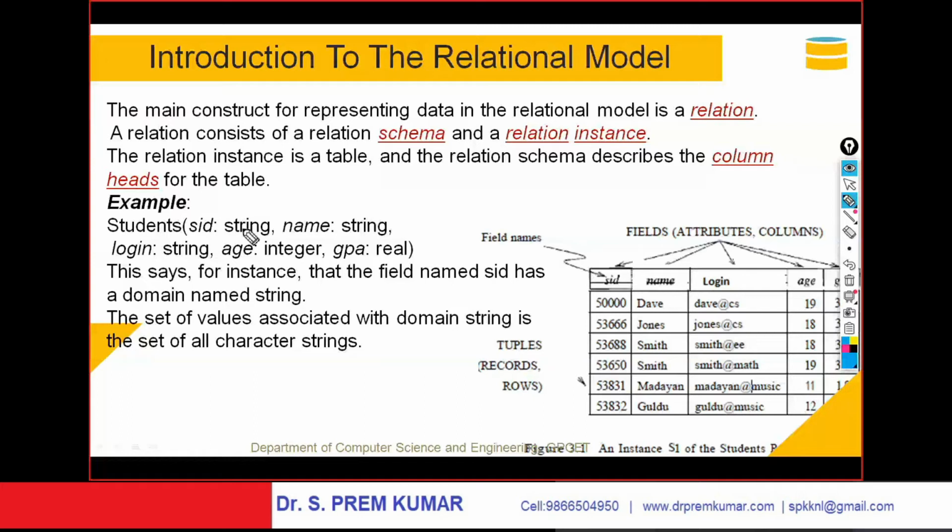As I explained, every field contains some domain values. Name, login have string domain values. Age has integer domain values. GPA has real number domain values. So that is what you need to observe.